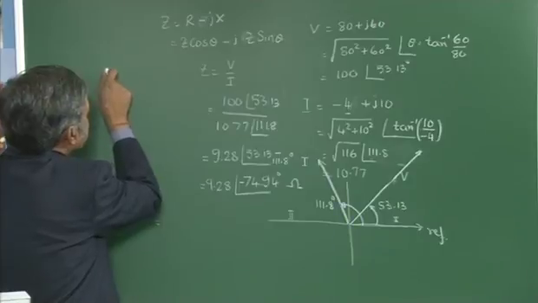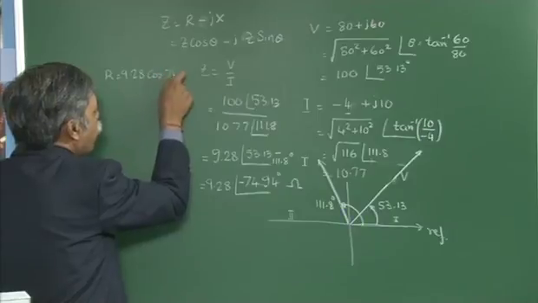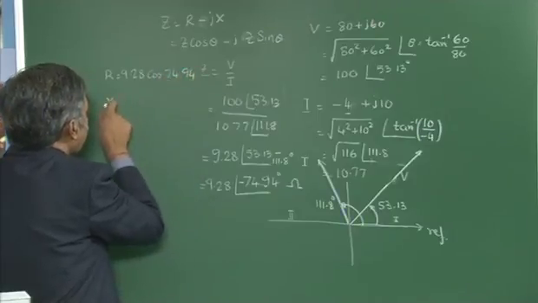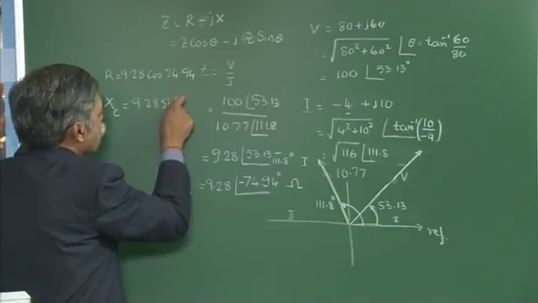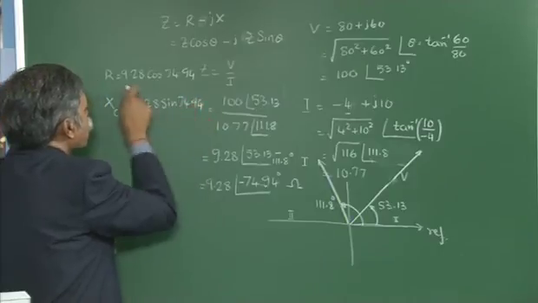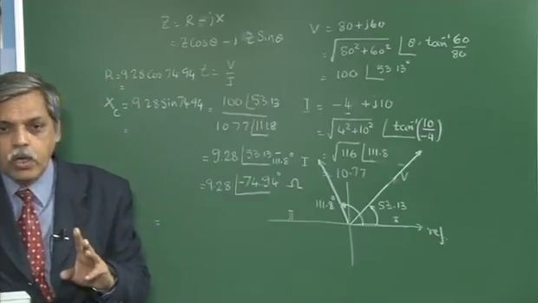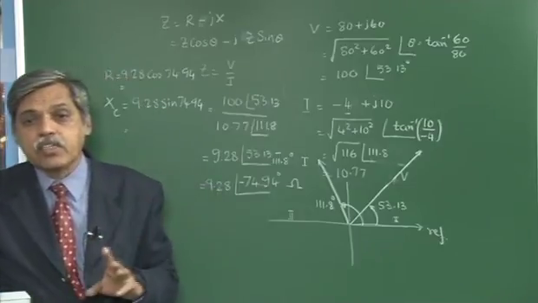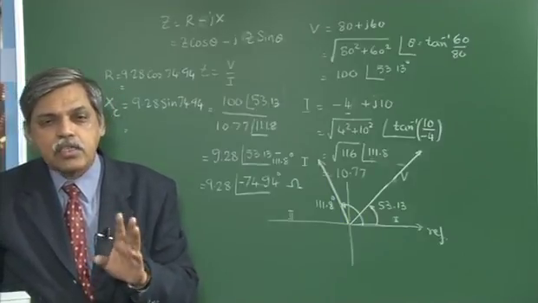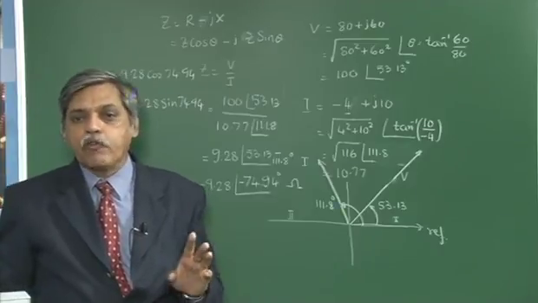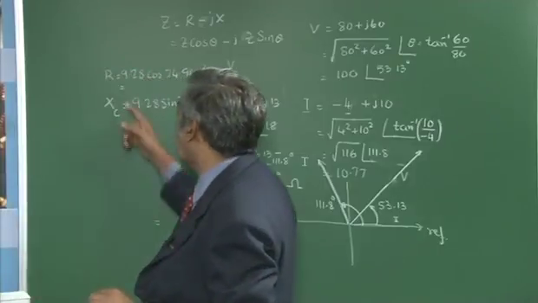So I will be getting a resistance value as 9.28 cos of 74.94, and the capacitive reactance will be 9.28 sin of 74.94. So this gives us the resistance, and this gives us the capacitive reactance value, okay. Remember, it is not possible to calculate the capacitance value here because I do not know the frequency of the voltage source. It has not given any data about the frequency, therefore it is not possible to calculate the capacitance value, but I can calculate just the capacitive reactance.